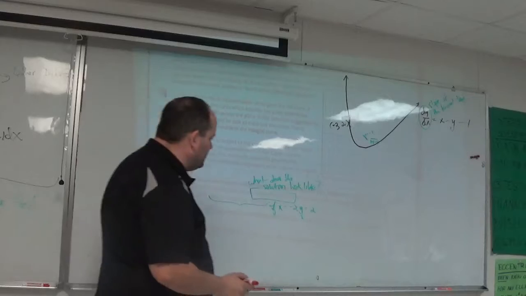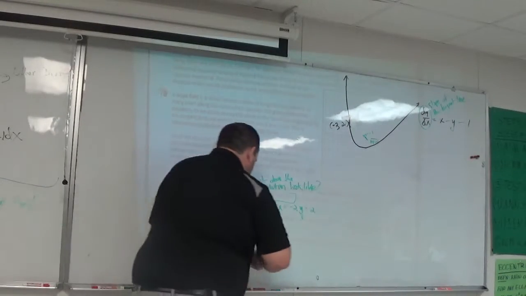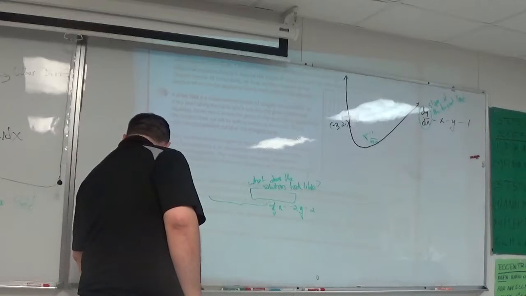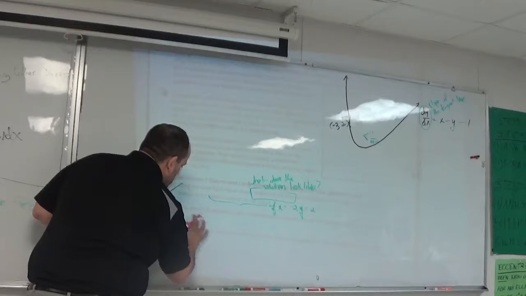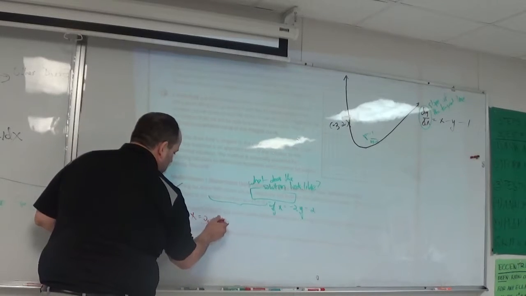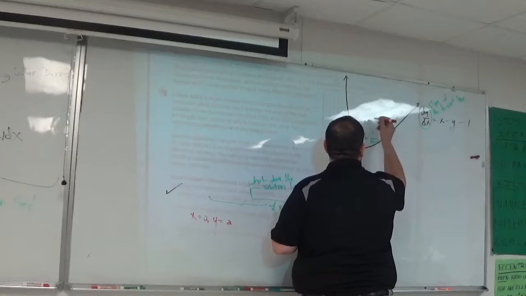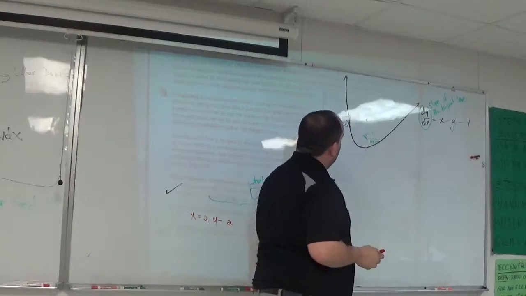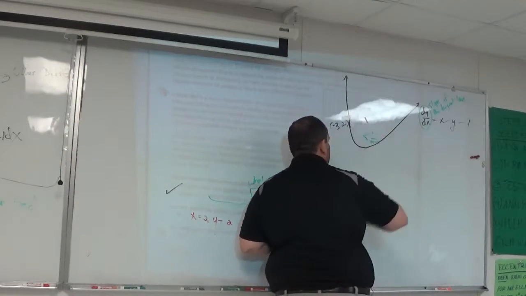So I'm going to use red for this one. I'm not going to use red because that's a bad one. X equals 0, y equals 2. I'm going to go find that point on the curve. I see a tangent line. My tangent line is decreasing.